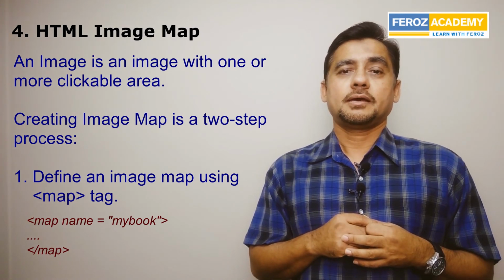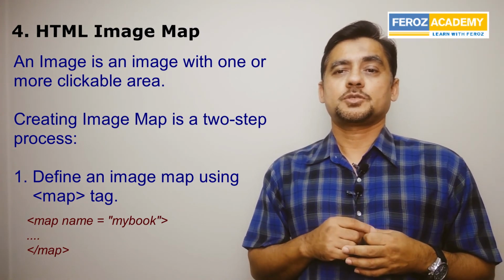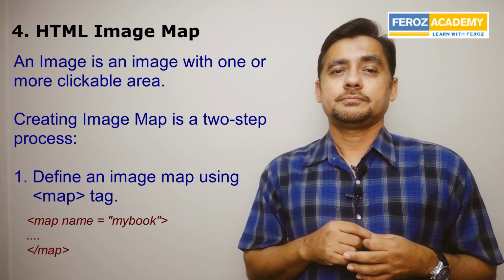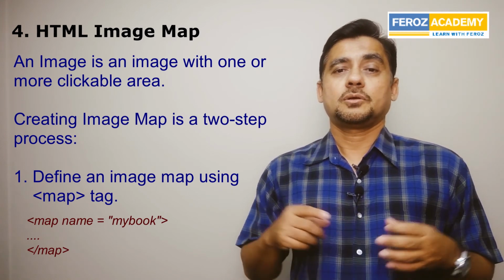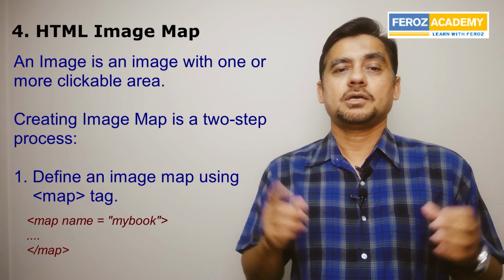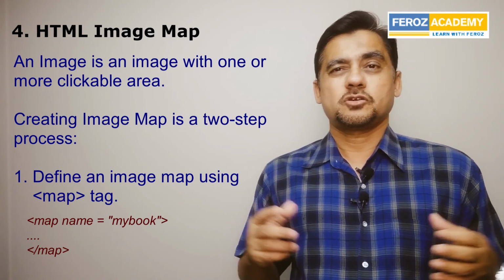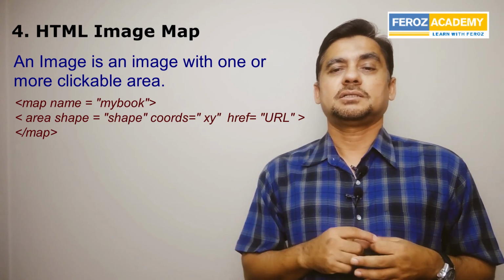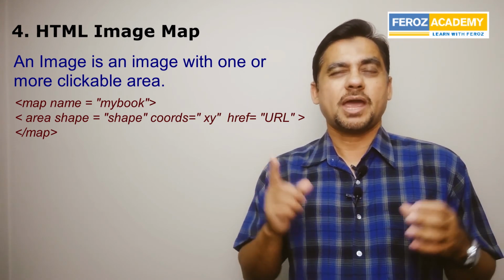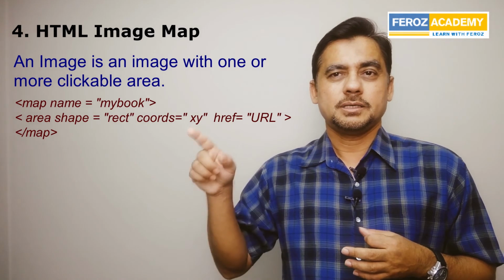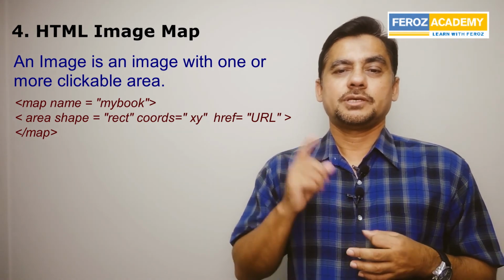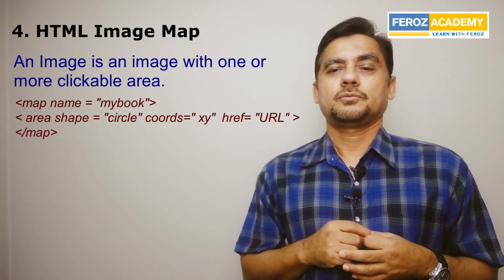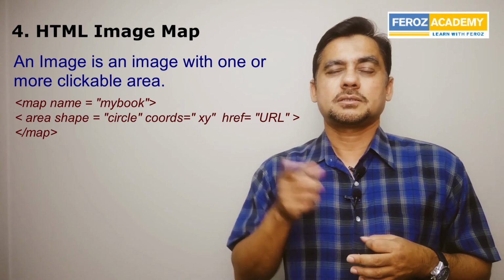To define an area, we need to specify the shape, size, and also location of the area using the shape and the coords attribute. If the shape is a rectangle, we specify the value as rect, R-E-C-T, rect. If the shape is a circle, we specify the value as circle.